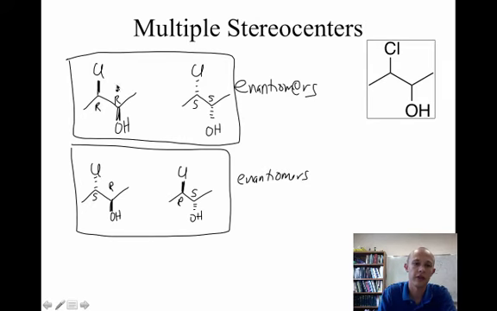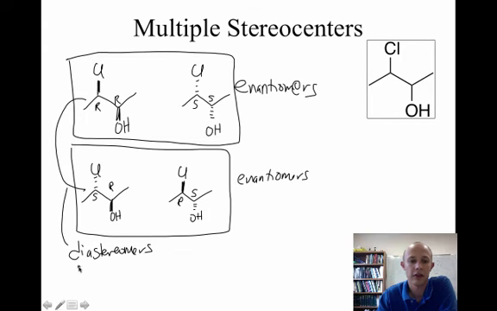What's interesting, though, is to compare these two compounds or these two compounds. Notice that these are not non-superimposable mirror images, but they are stereoisomers of one another, right? We have up, up versus down, up. So this stereocenter is the same, this one is different. So the relationship between these two, we're going to call that relationship diastereomers.